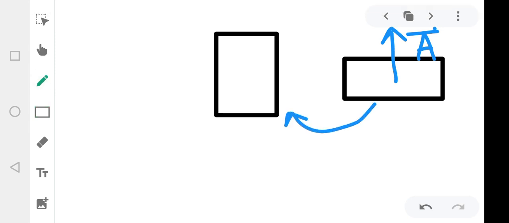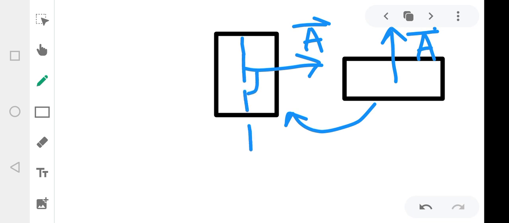The surface area vector, which is perpendicular to the surface, now comes like this. So by moving the body, the surface area vector has also moved. In short, it is perpendicular to the surface, and here you can see that this angle is 90 degrees.